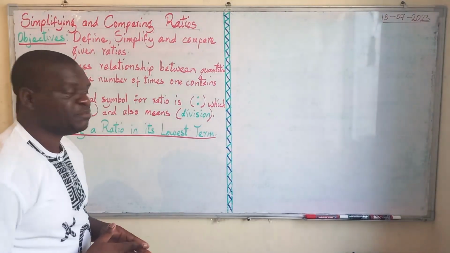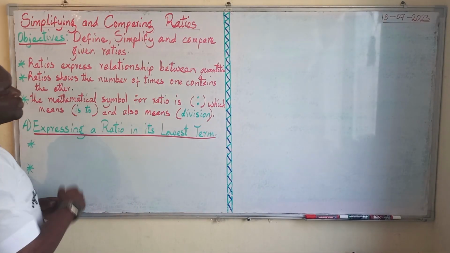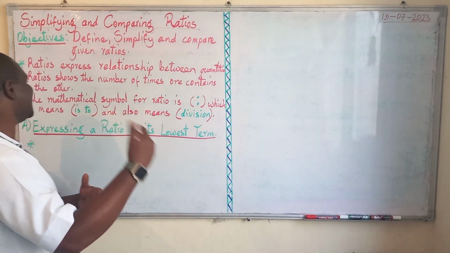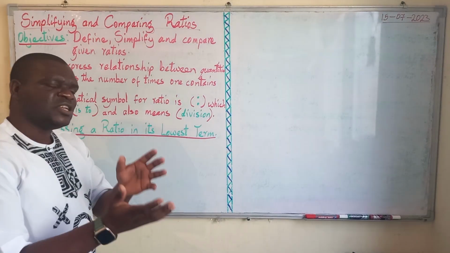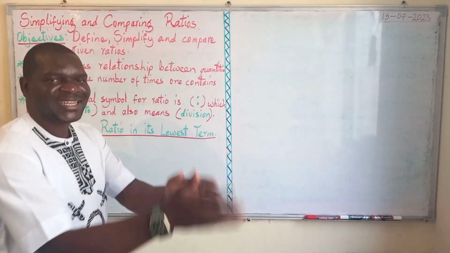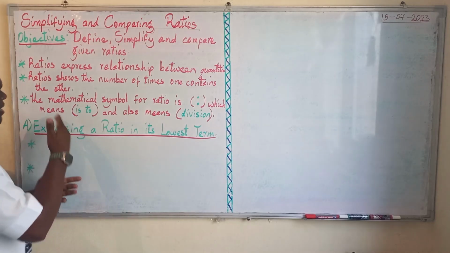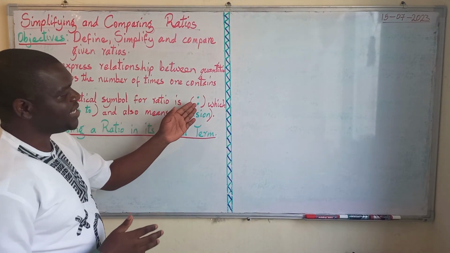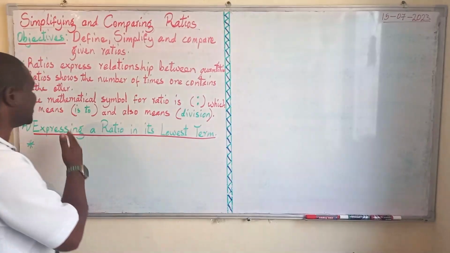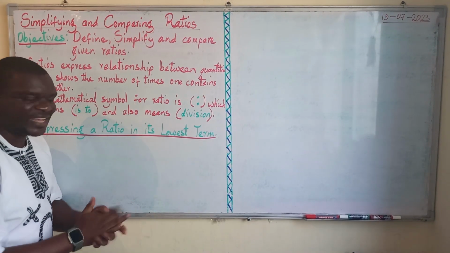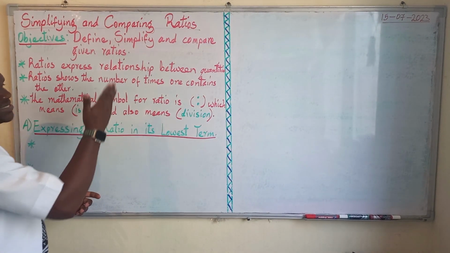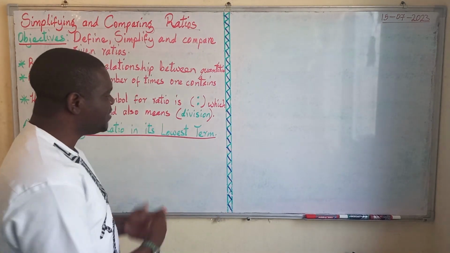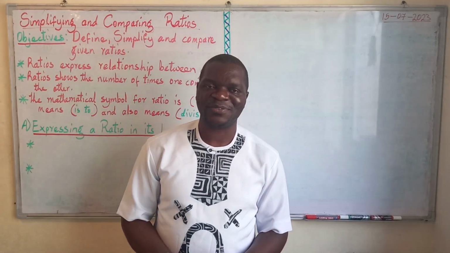Another key fact is that ratios show the number of times one quantity is contained in another quantity. And the last thing to take note of is that the mathematical symbol for ratio is a colon, read as "is to", and this colon can also serve as division. We shall see more of this in the examples that we have to solve for today.